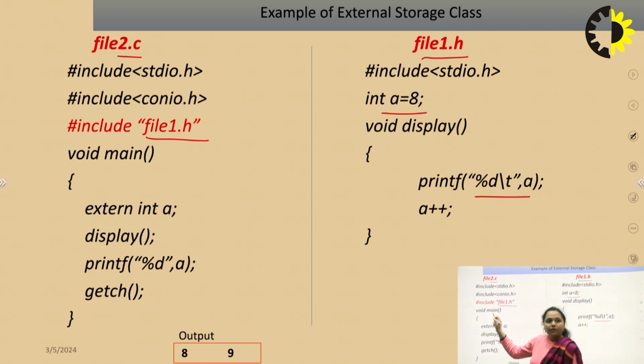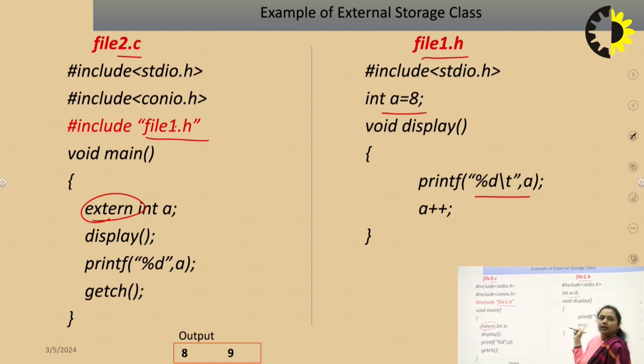So within the main function, I have written extern int a, where the storage class used is extern. Display is a function defined within file1.h, so it will get its definition from file1.h.